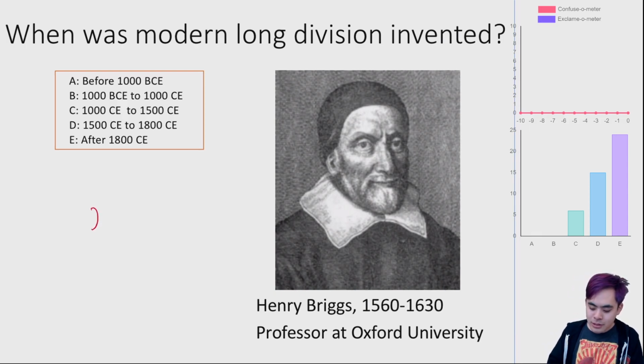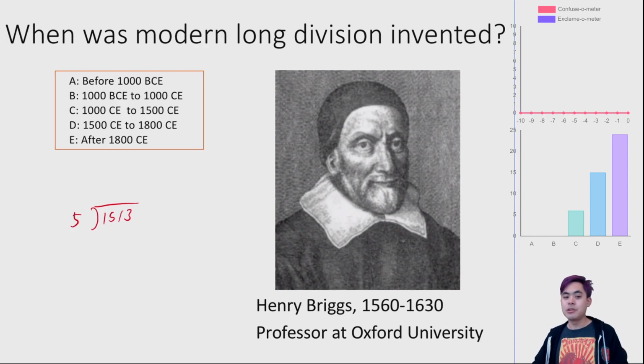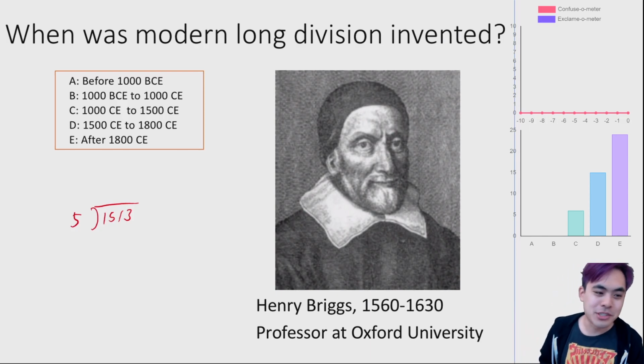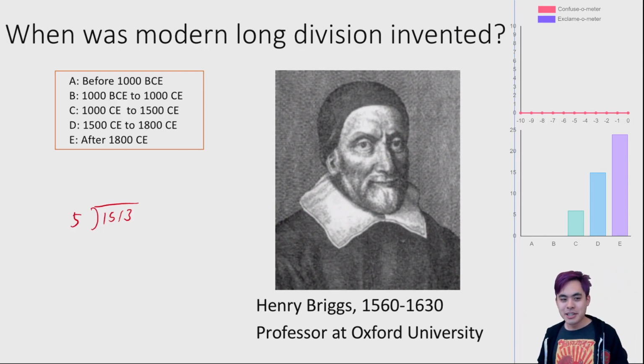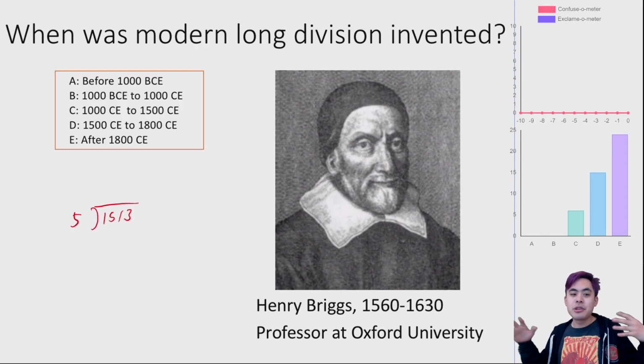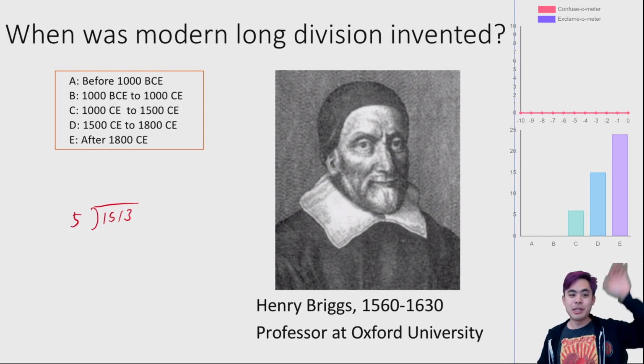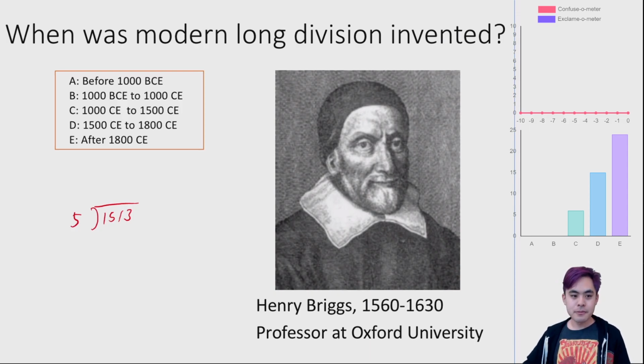So when we write out modern long division, that was invented by Henry Briggs, a professor at a university that's still around today. So you can still go over to Oxford, it still exists, and the professor there invented the modern formulation of long division. Though, of course, we've had direct division, other ways of writing it, since antiquity.